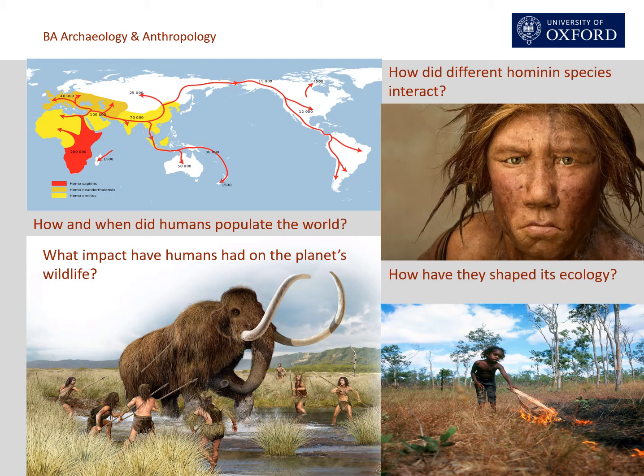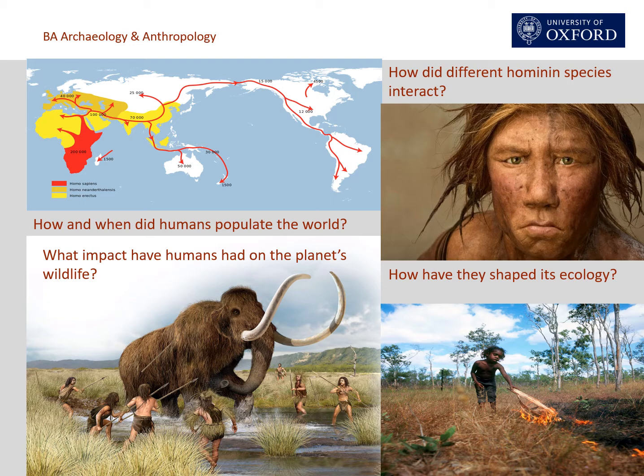What kinds of relationships were there between those different species? What kinds of relationships were there between Neanderthals and the even more mysterious Denisovans of Siberia and modern humans as they moved across the planet in the way you can see up there on that map?